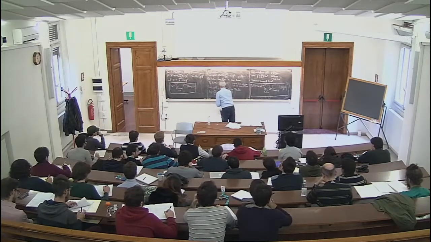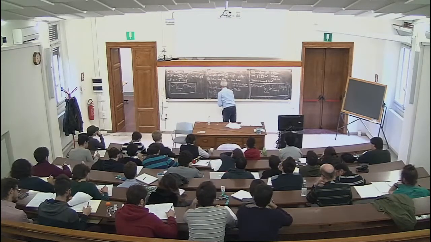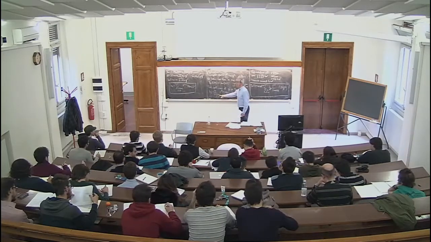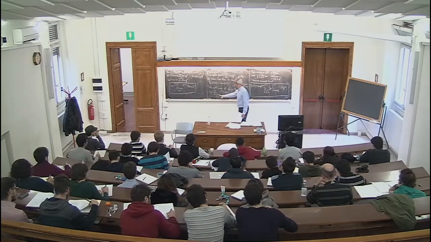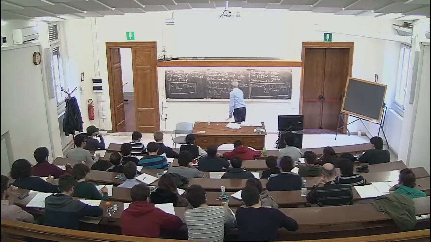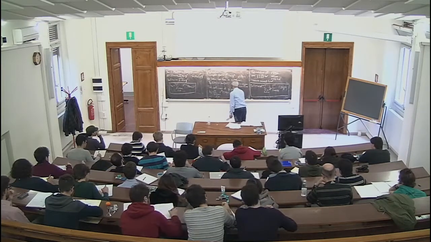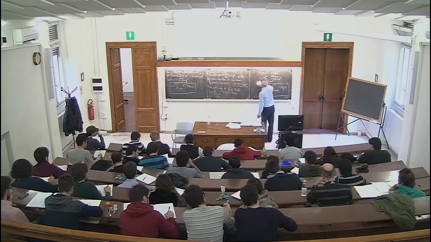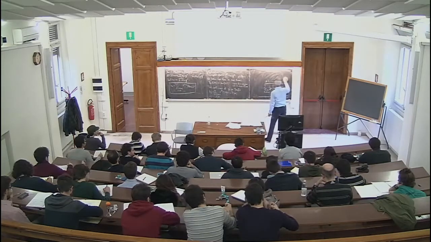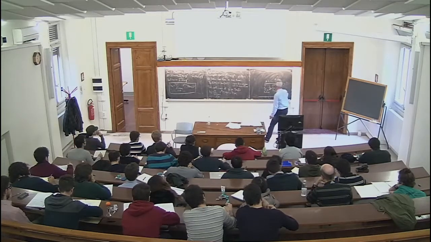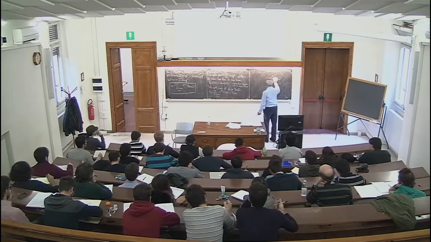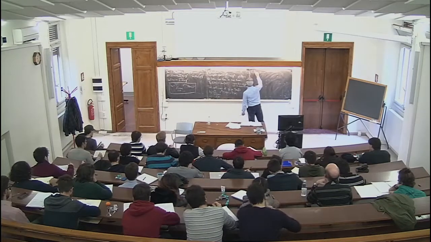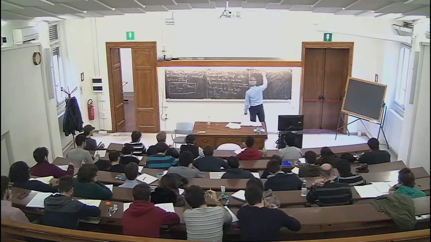So I now have tau of m over r squared. But the greatest common divisor of m and 1 is just 1, so this only has r equals 1. So this is simply tau of m. And the coefficient of q to the 1 in delta is 1, so it must be that lambda_m is equal to tau of m.